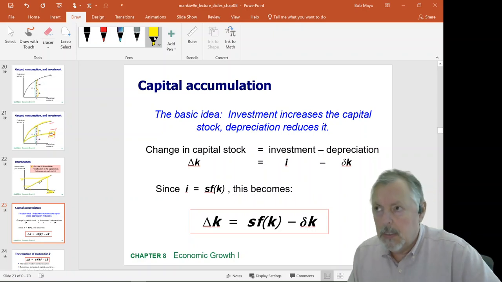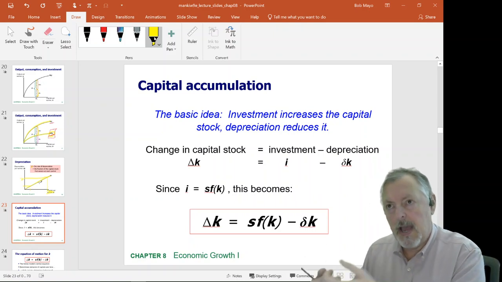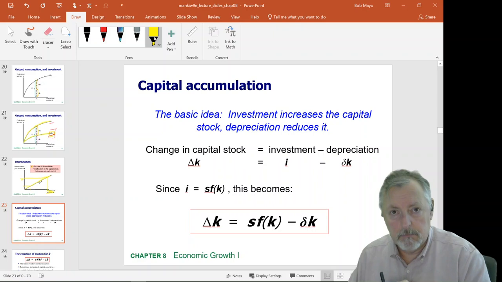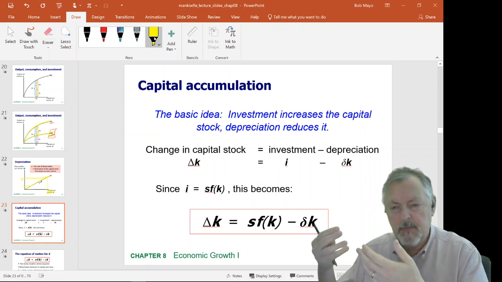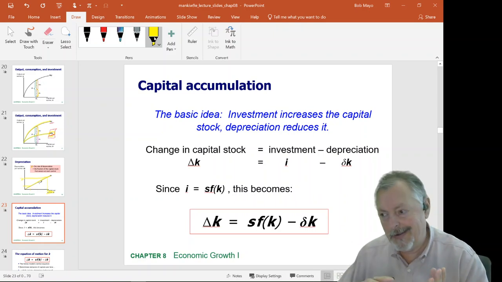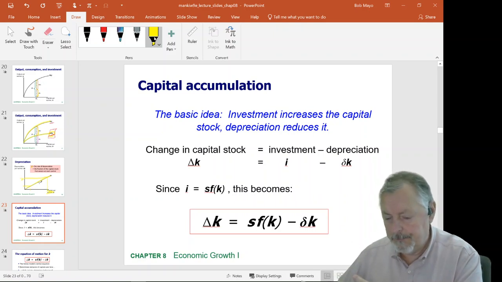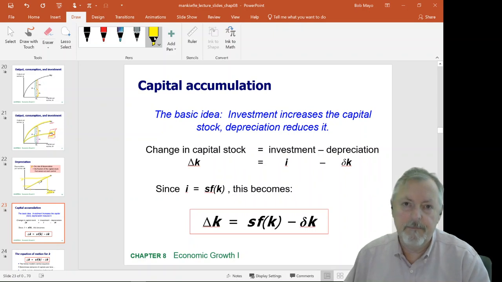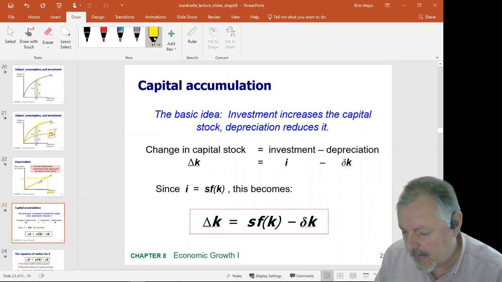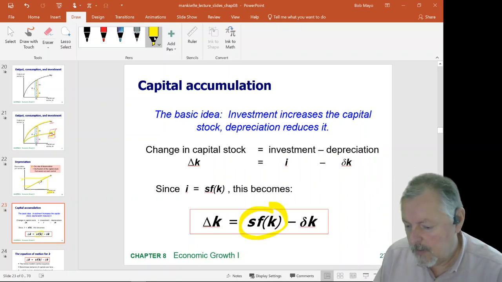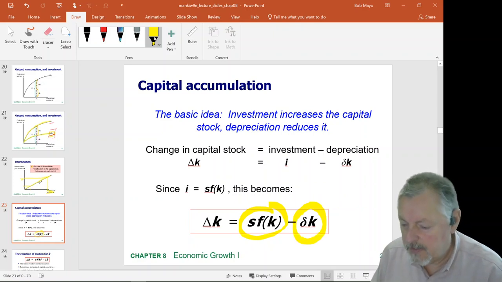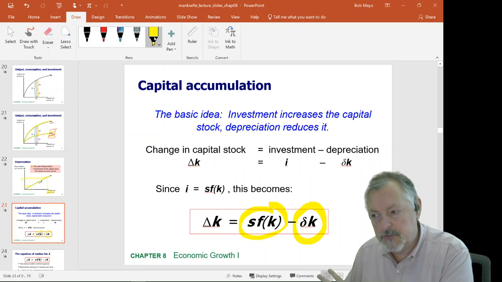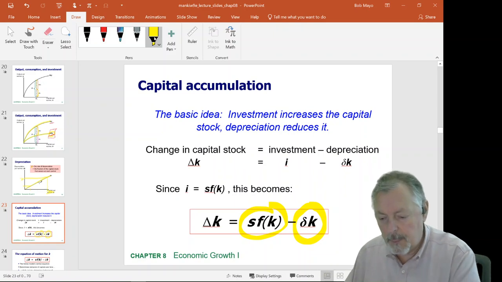So if you're out of your production, you're saving some and creating new capital, adding capital to the economy, and at the same time, some of the existing capital is wearing out and exiting the economy, then in steady state, the rate at which capital is being accumulated has to equal the rate at which capital is depreciating.